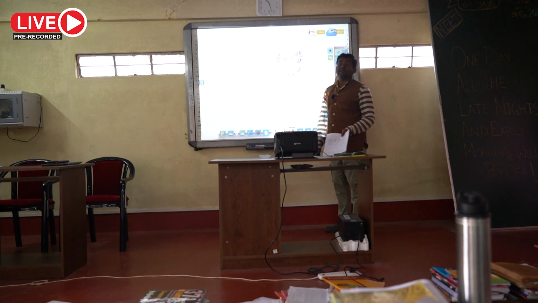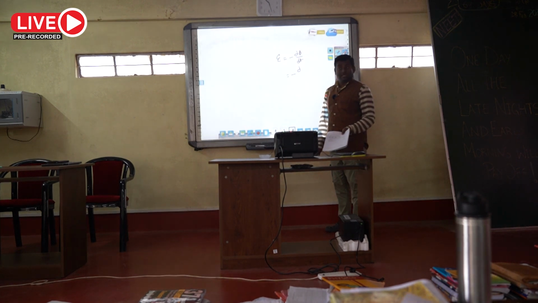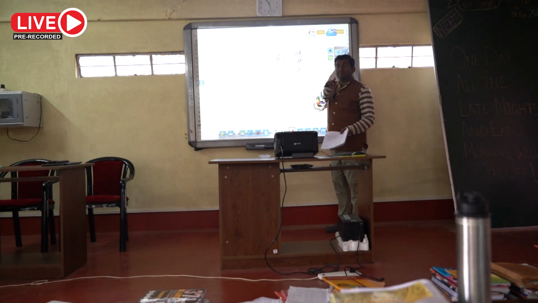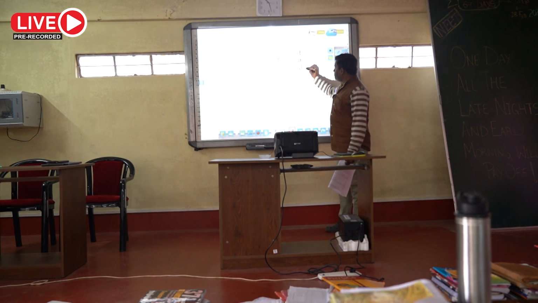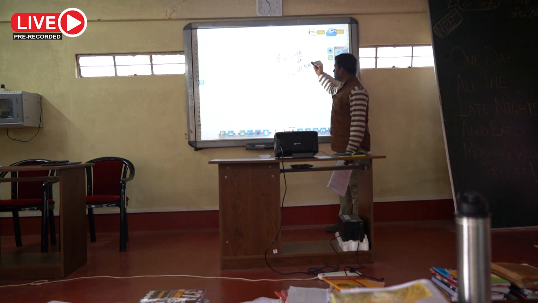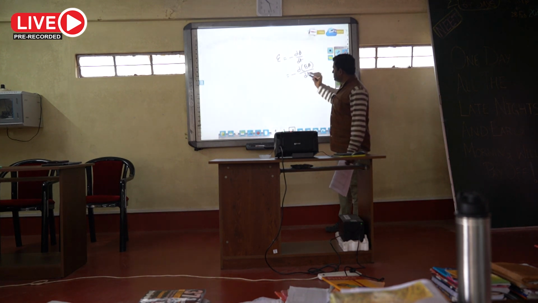Perpendicularly means angle between field lines and area vector is 0 degree, not 90. The lines are perpendicular to the plane of the loop. That means area vector and field lines are along the same direction. So the angle is 0 degree, remember. So it will be B into A, cos 0 is 1, divided by dt.